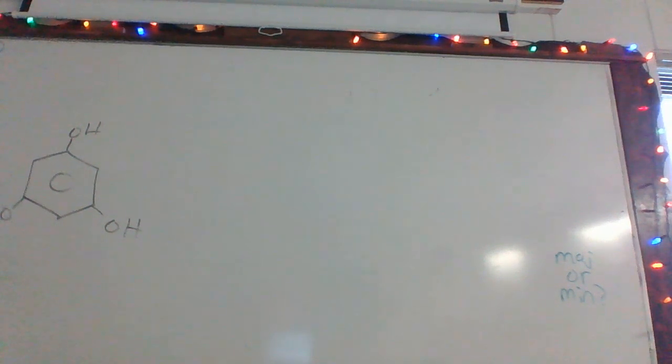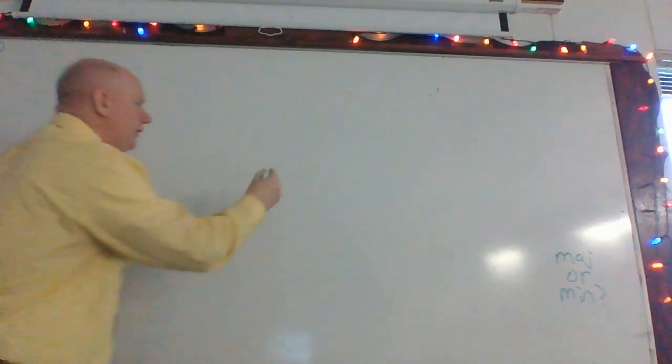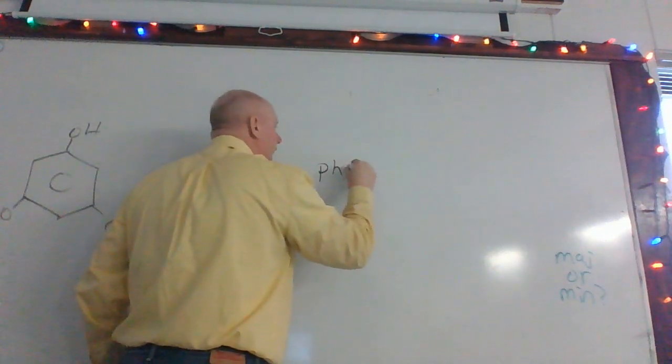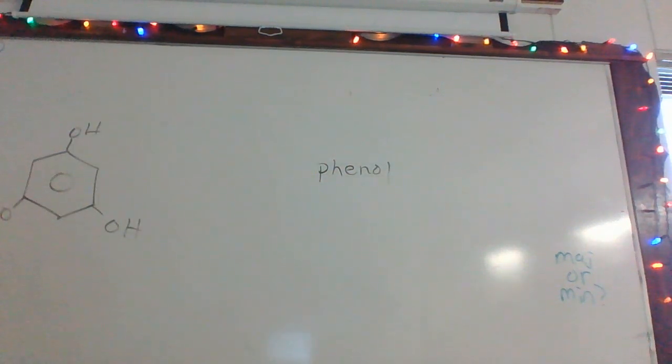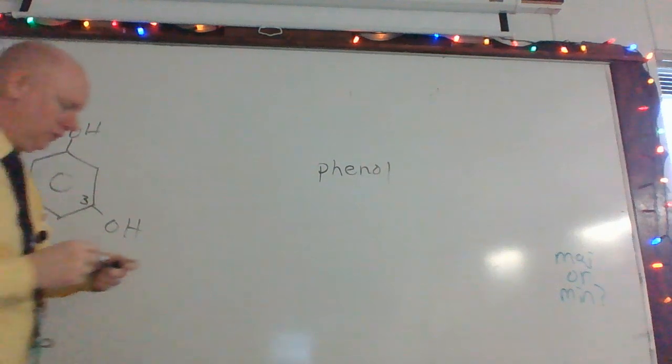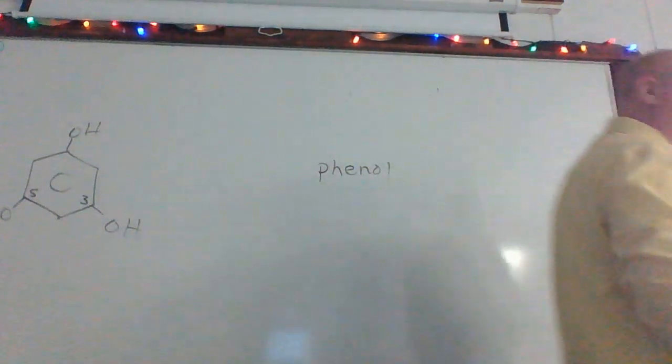So this is the most common place. We would say that this is phenol. You'd already established that. No one would argue with that. So let's just keep it easy and go clockwise. So on number 3 and number 5, we have what?